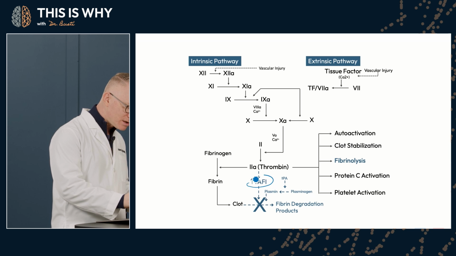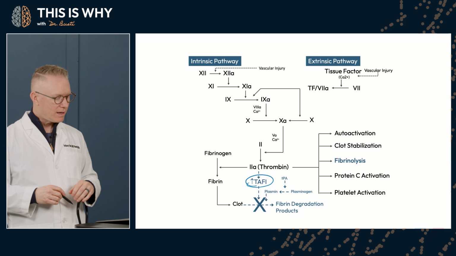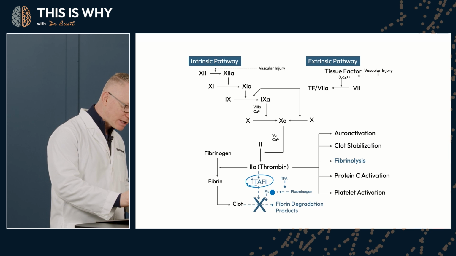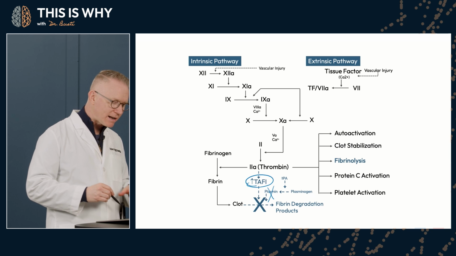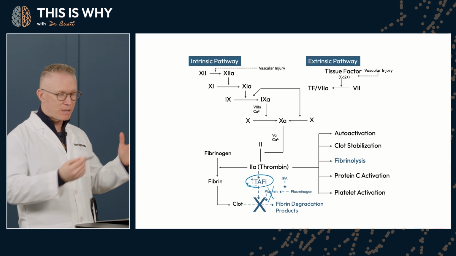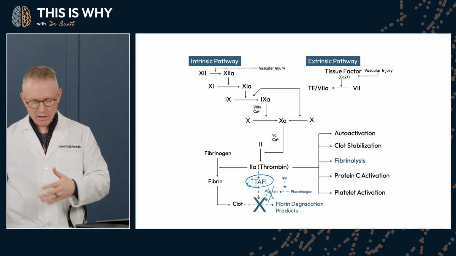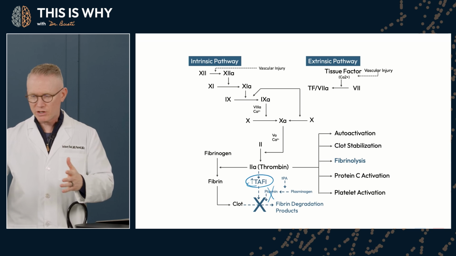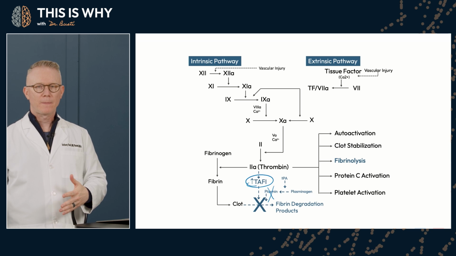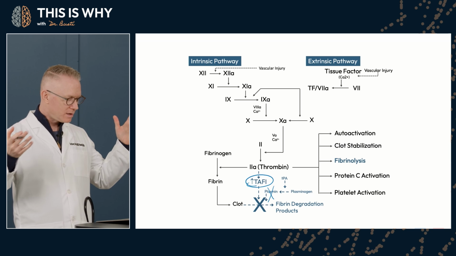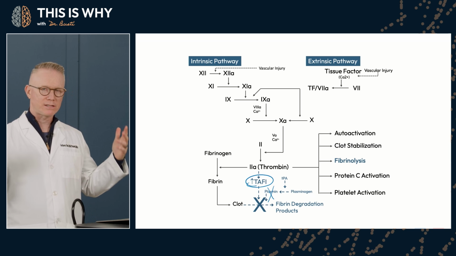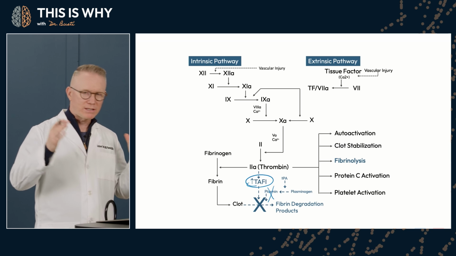So it increases the expression of TAFI and the concentrations, and that protects the clot from plasmin activity. Plasmin would normally be like a fibrinolytic, a thrombolytic. It breaks it down, forms these fibrin degradation products. It's the breakdown products of a clot. On labs, we know that as D-dimer and things like that. Okay? So it's fibrin degradation products.